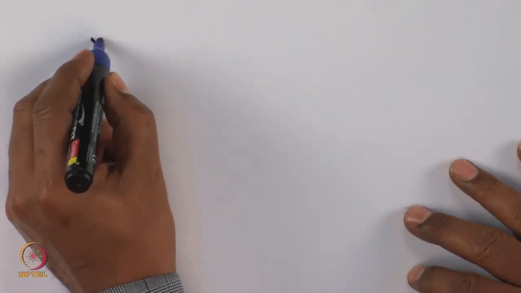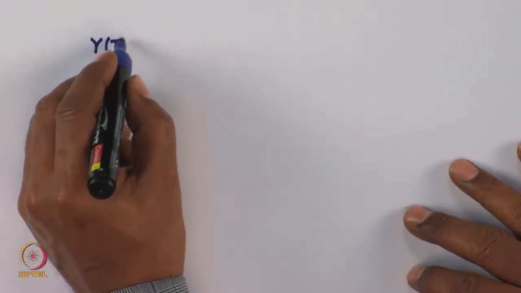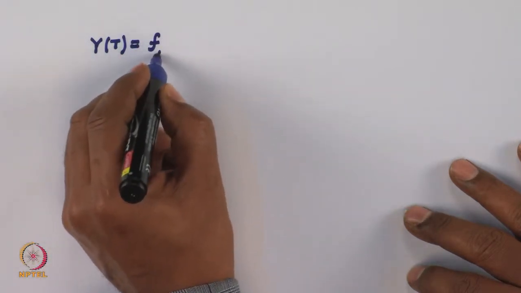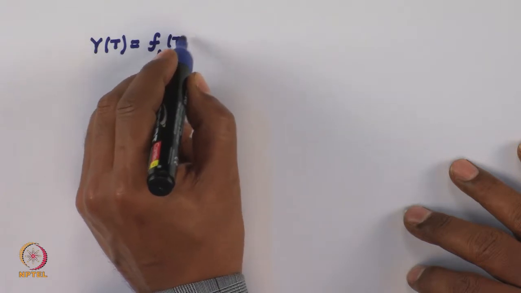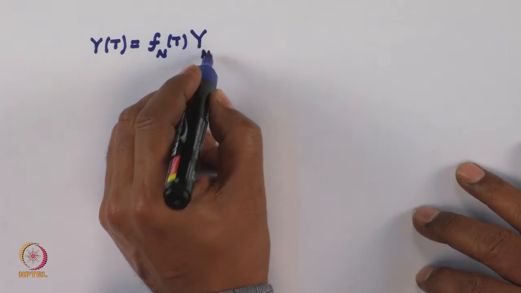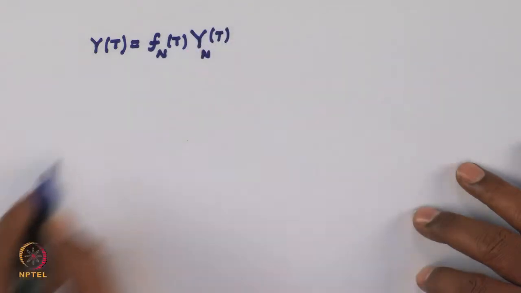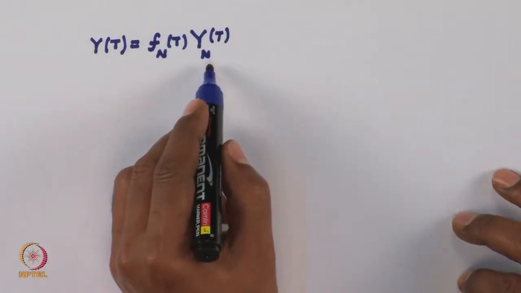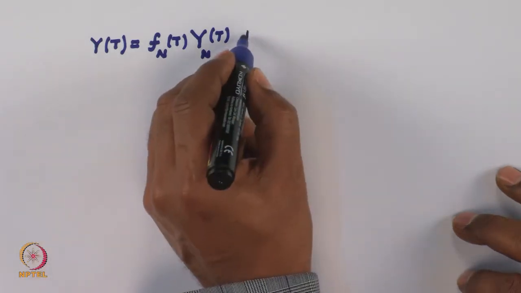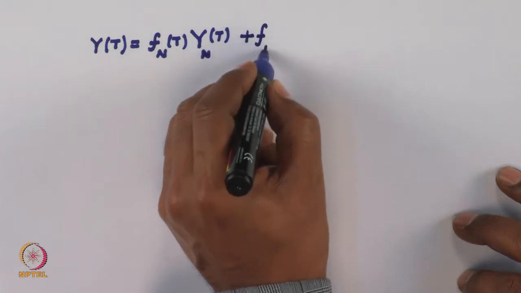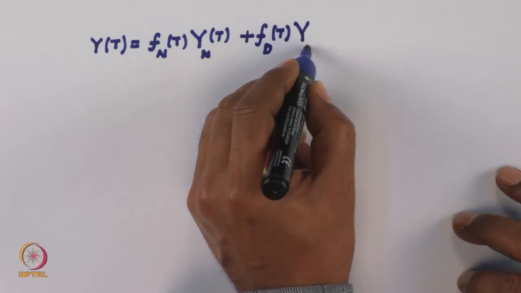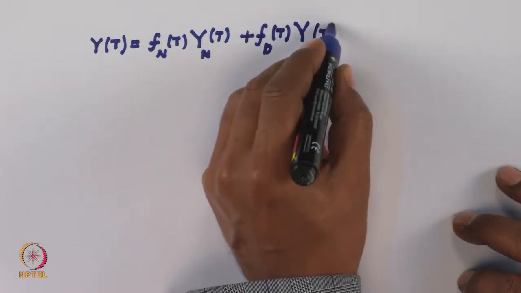Y, the property at any temperature T, will be equal to the fraction of the protein in the native state at that temperature, Fn, into Yn at T, the value of that property in the native state at that temperature, plus Fd at temperature T into Yd at that temperature.